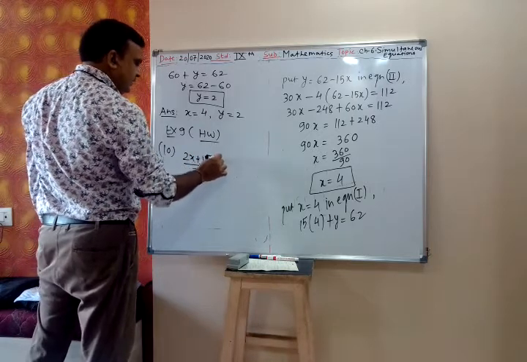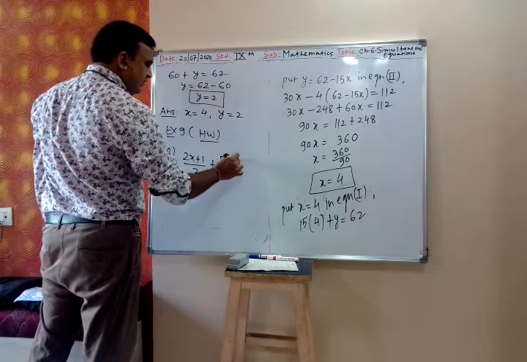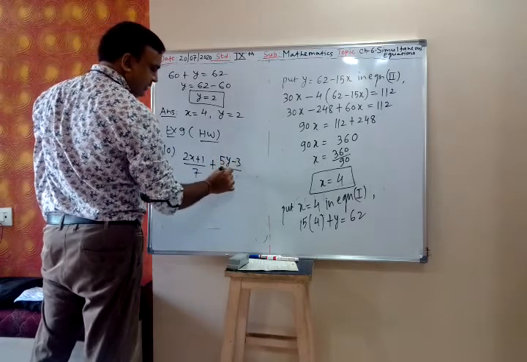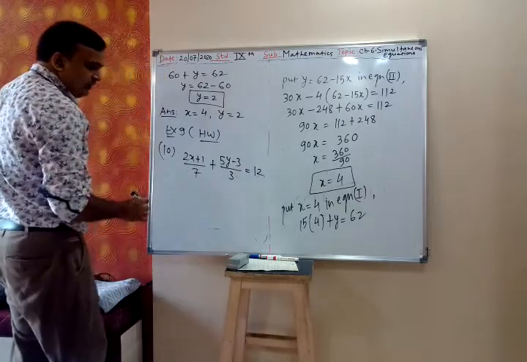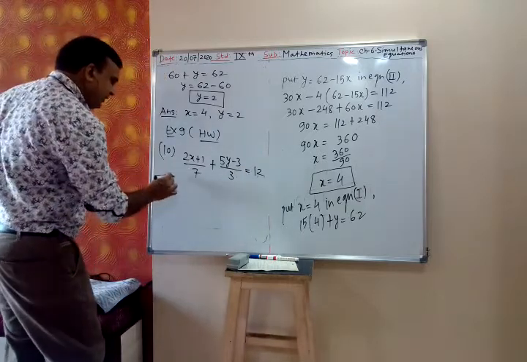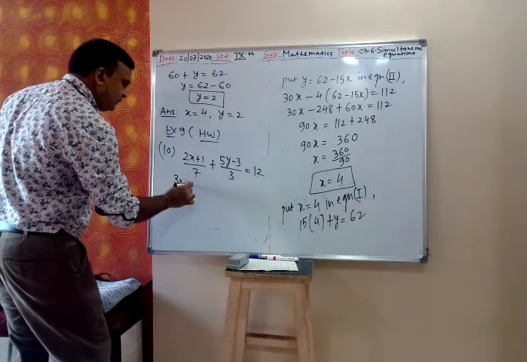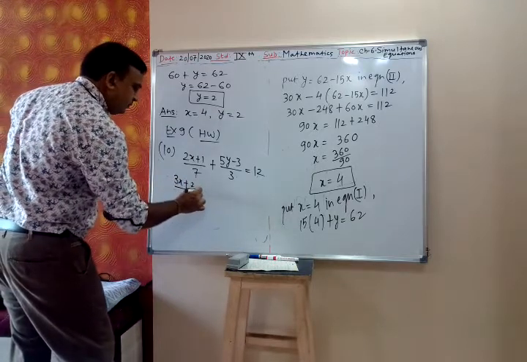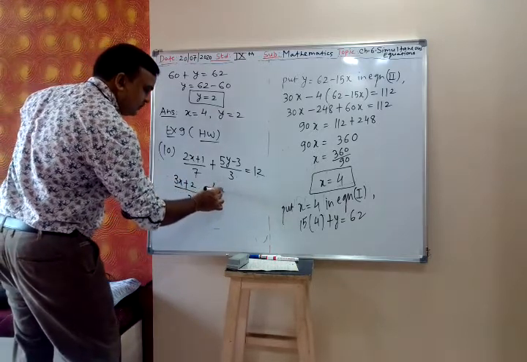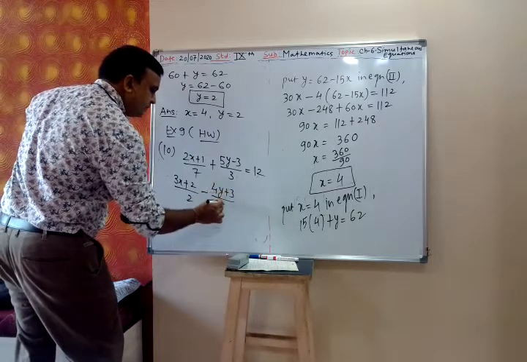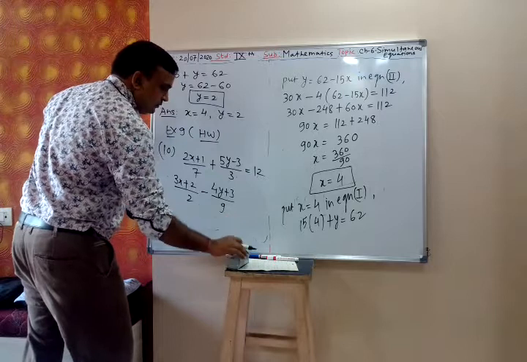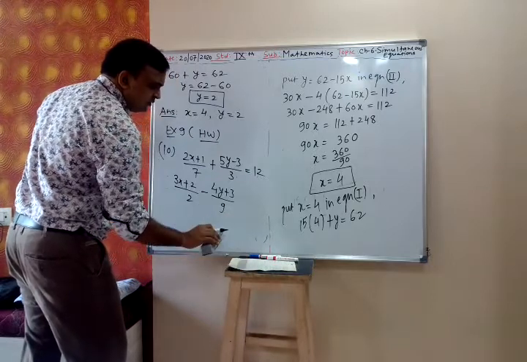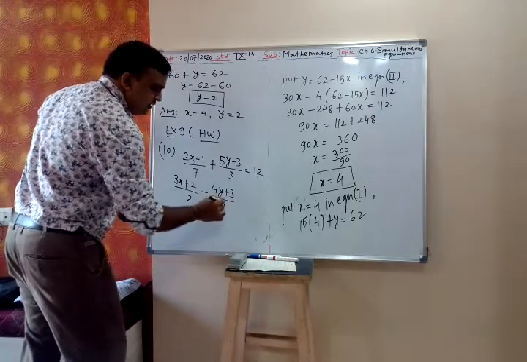plus 5y minus 3 upon 3 is 12, and 3x plus 2 upon 2 minus 4y plus 3 upon 9 is equal to 13.